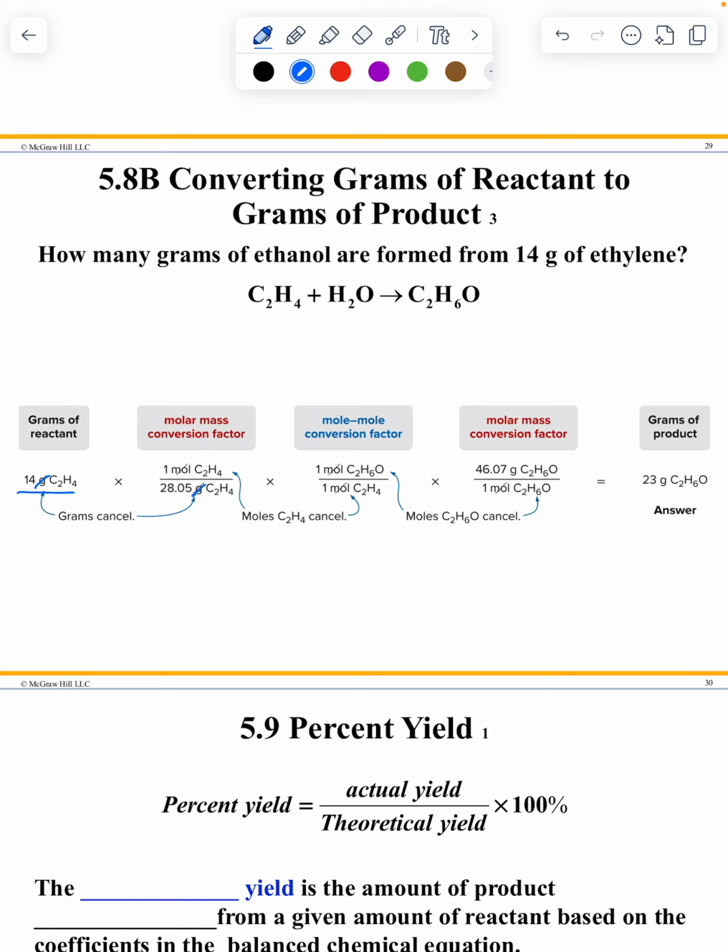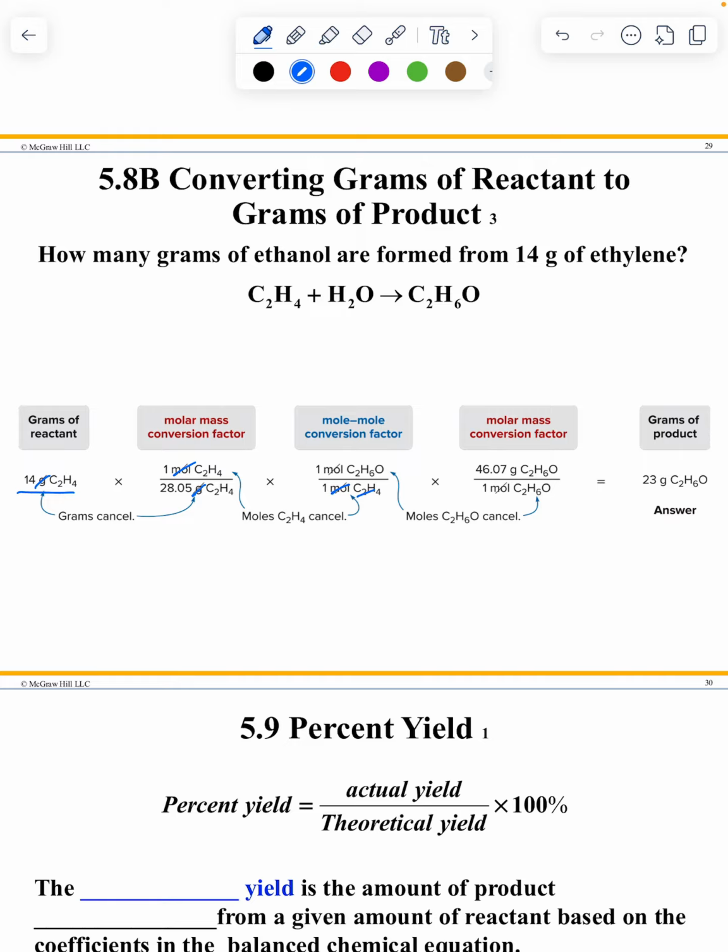And then we have moles of C2H8O. The next step would be to use the molar mass. We want to put moles on bottom so that moles cancel. And we finally end up with grams of C2H8O, which is our final answer.